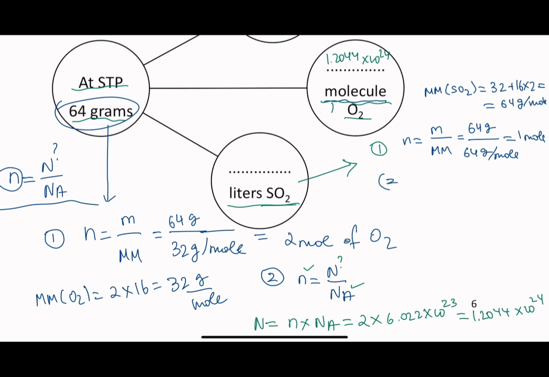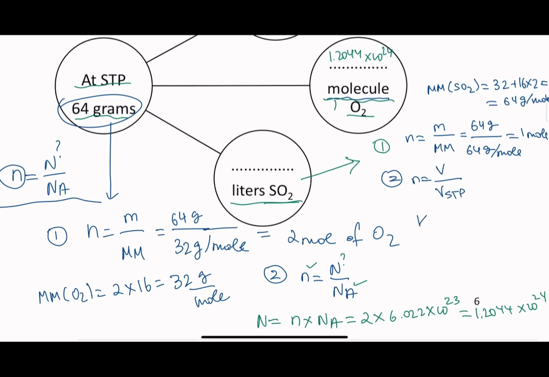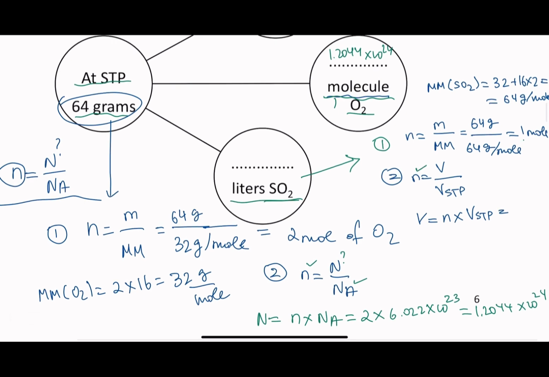And then the second step, you're going to use this formula, n equals V over V STP. You know that at STP, 1 mole of any gas would be 22.4 liters, so n would be multiplied by V STP. You know the number of moles now.